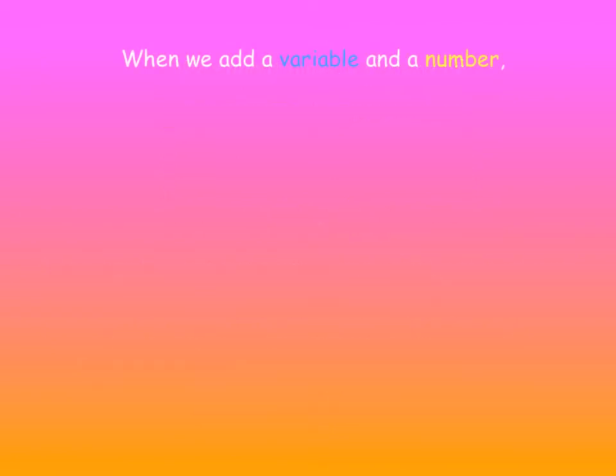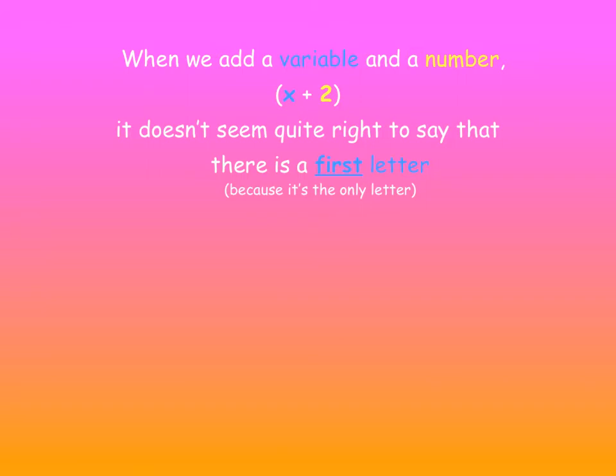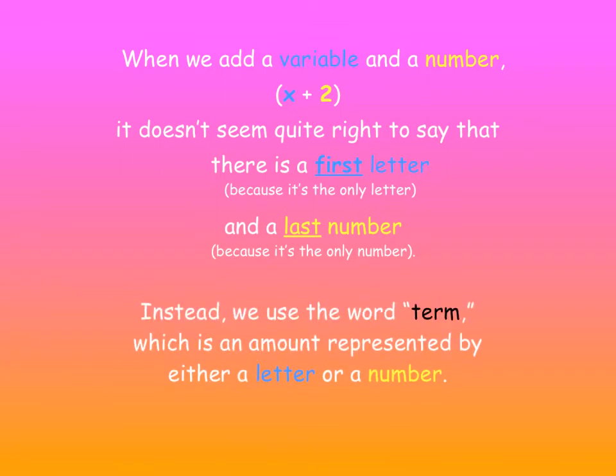When we add a variable and a number, for example, x plus 2, it doesn't seem quite right to say that there's a first letter, well, because it's the only letter, and a last number because it's the only number. Instead of that, we use the word term, which is an amount represented by either a letter or a number.